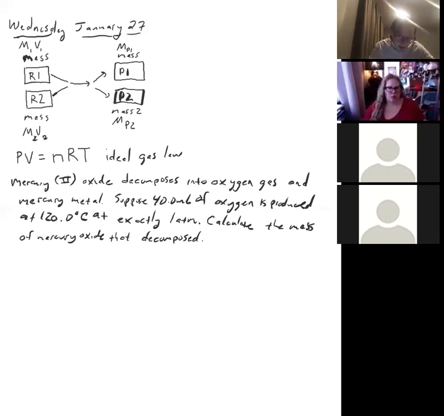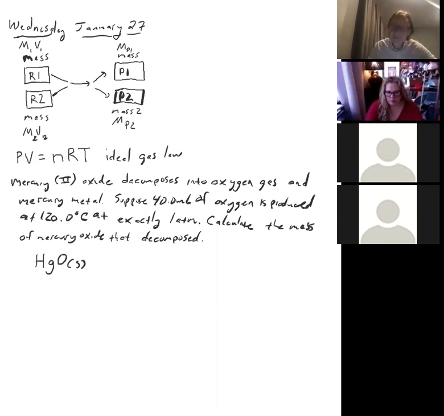So it's called mercury(II) oxide. Mercury(II) oxide means that the charge of the mercury is +2. Oxide has a charge of -2. So that means the formula for mercury(II) oxide is just HgO. Each atom has the same magnitude of charge. It's a solid.